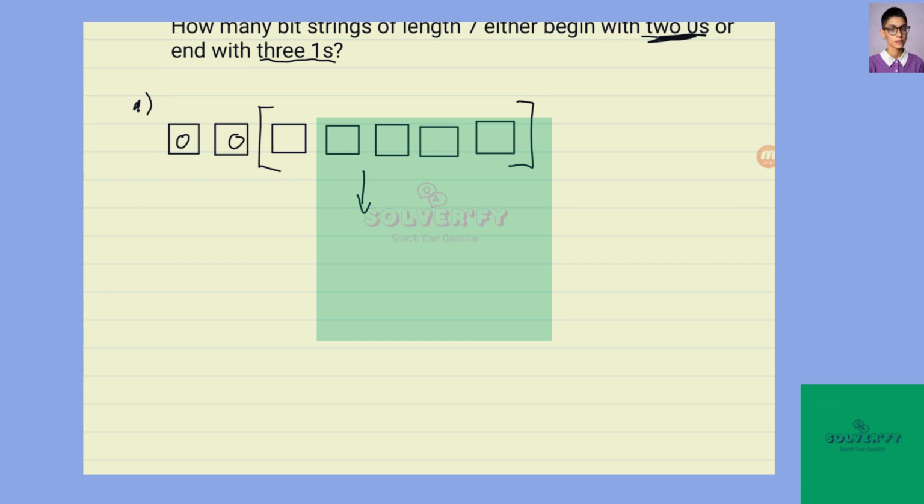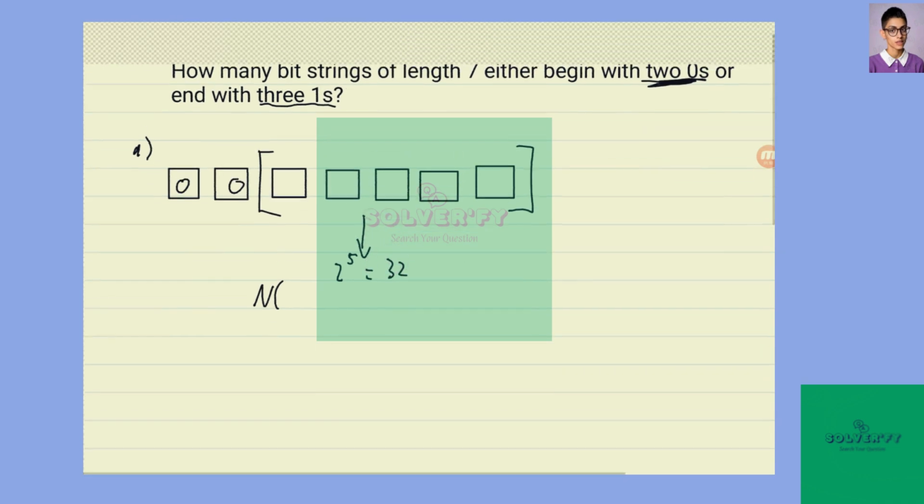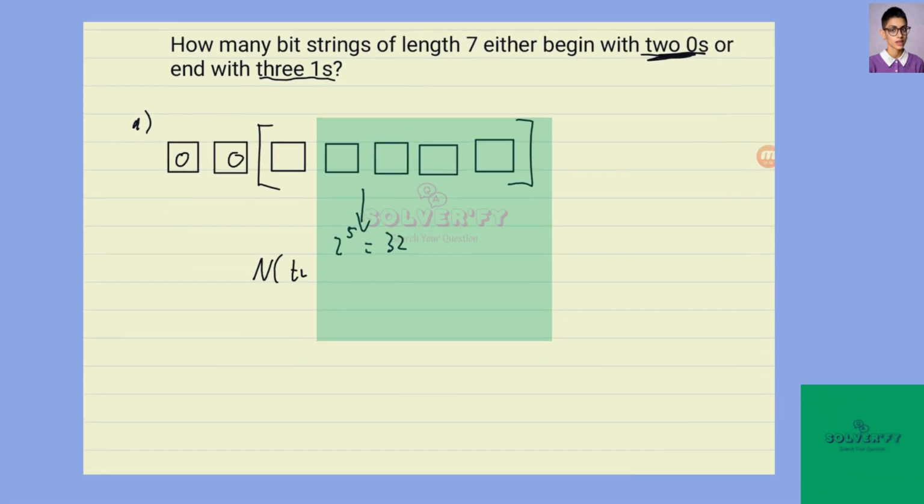So we have 5 different tasks to do, each with 2 possible ways of doing them. So we'll have 2 to the power of 5, which is going to be 32. So the number beginning with 2 zeros is equal to 32.